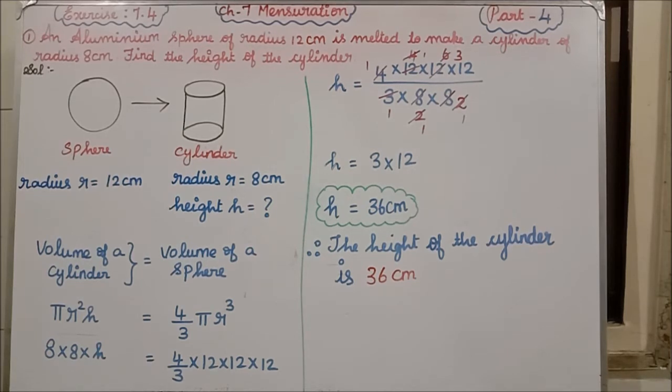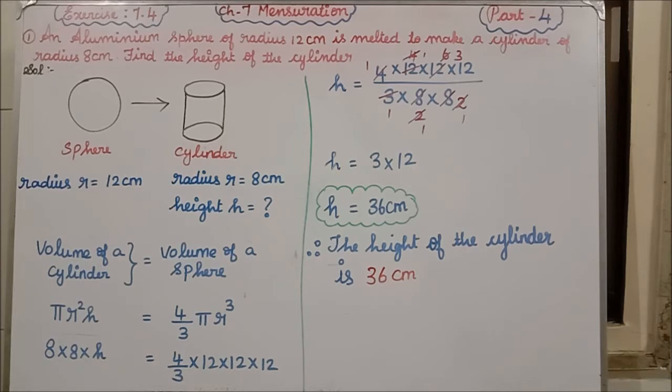In one question itself, they will be talking about two shapes joined together, like a capsule or a model of a rocket. So in one question itself, they will be having two shapes, so we have to apply two formulas there.